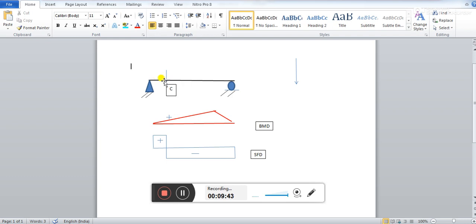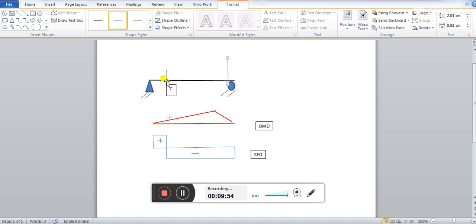Then at this point C, if you want to find out the bending moment because of the movement of this load over the beam, what will be the bending moment at C?